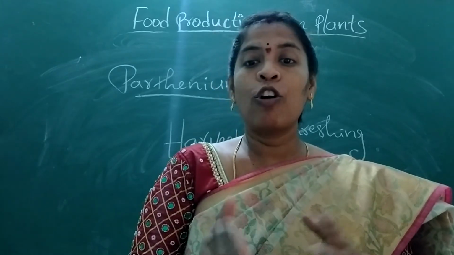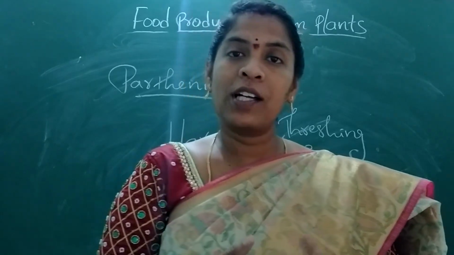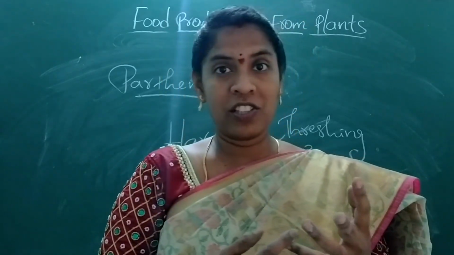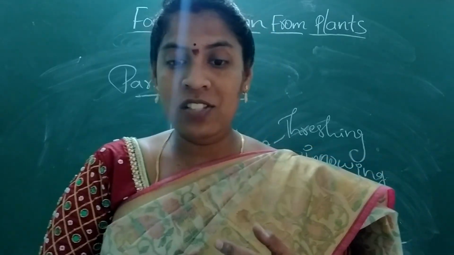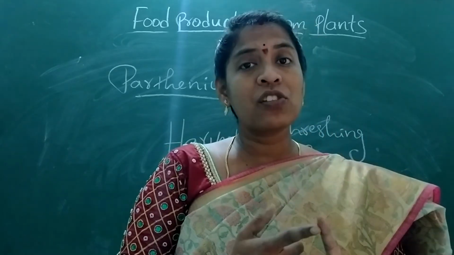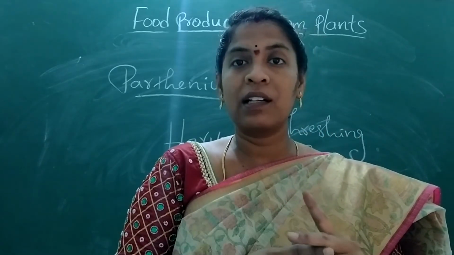Next we also discussed different agricultural practices: preparing soil, sowing of seeds, applying manure, irrigation, watering, weeding, crop harvesting and storage of crops. How do we prepare the soil? We plow the soil with the help of a plow, and later we level it with the leveler to crumble the lumps.